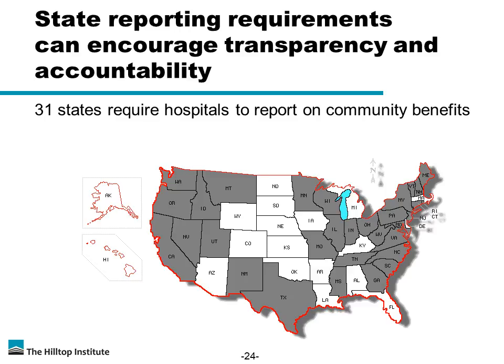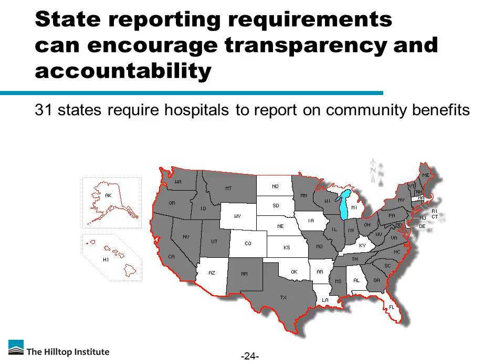This is on top of the federal requirements. And there's a lot of variation in how extensive or not extensive these are. But at any rate, there are 31 states that are out there now having hospitals report at the state level. And this really encourages transparency and accountability, and Sarah spoke about that some from the federal perspective. But I think there's a lot states can do to encourage it in their own state.